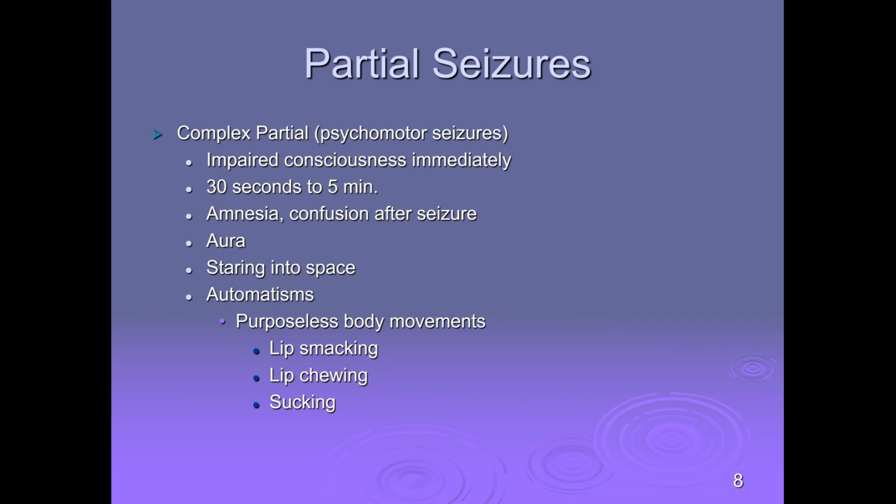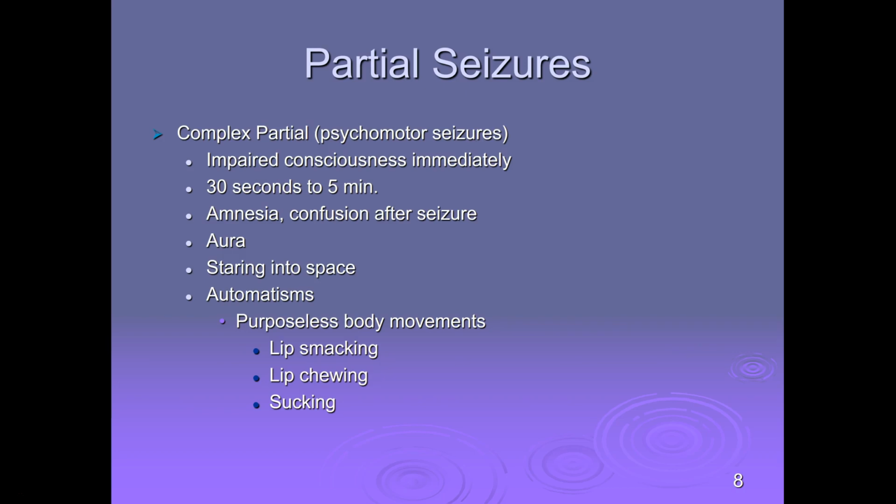So with complex partial, it is impaired consciousness, but they do not physically lose consciousness like they do in tonic-clonic seizures. So they have an impaired consciousness. It happens immediately, lasts about 30 seconds to 5 minutes. They are going to have a postictal phase, and these are more common that you see the aura.